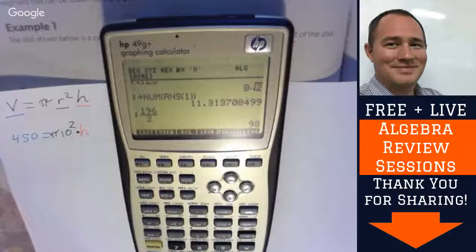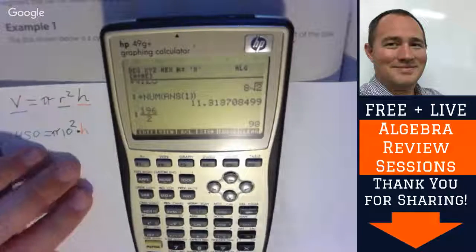So what do we want to do in order to undo the multiplication that is happening on this? We need to do the opposite of multiplication, or the inverse rather, and that is going to be division.